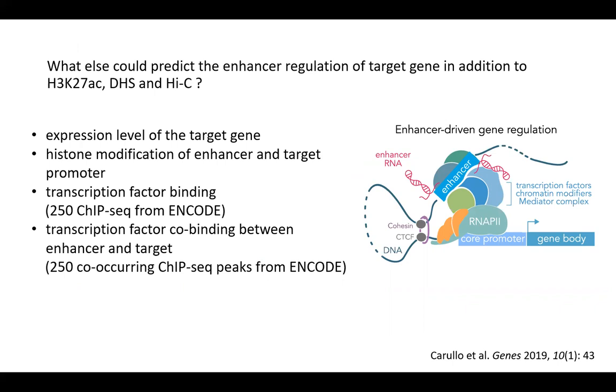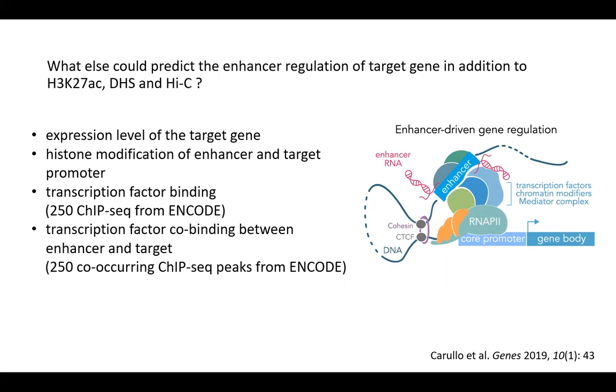And we know that when enhancers are activating a gene's expression, there are many other factors going on, where many different proteins come and bind to the general transcription factor in addition to the RNA pol that drives the expression. So we thought that maybe if we know what transcription factors are binding to this enhancer locus and the promoter of the gene, that could give us more information on the relationship between the two.